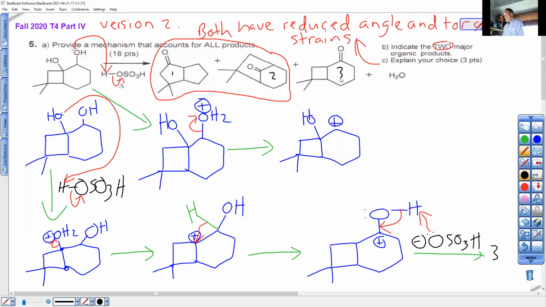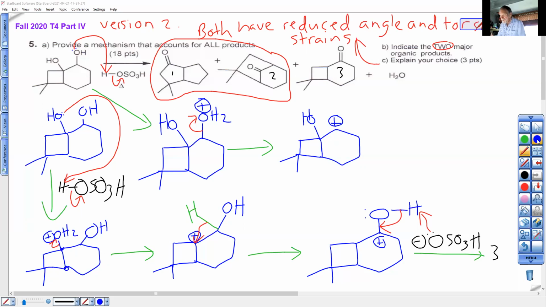Nice. Now the two things that can rearrange here are this bond and this bond. They will give different carbocations and the ring will get bigger. So I'm liking both of those, and I'm going to pretend I'm a student. I don't have the ability to copy paste on my test.